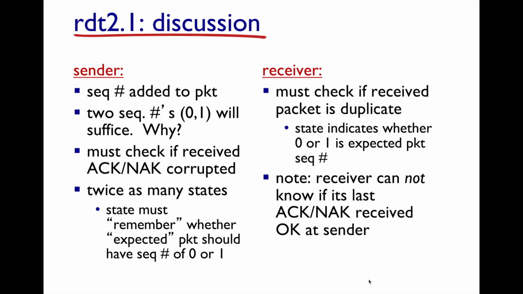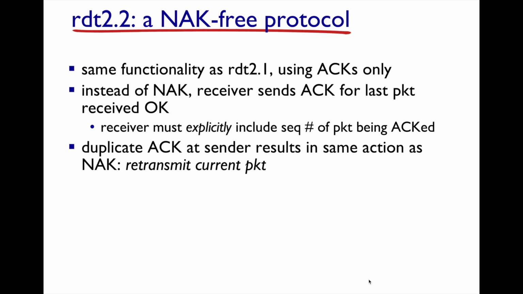The receiver can't really know if its last ACK or NACK was received at the sender. You send an ACK or NACK, and as the receiver giving that feedback, you have no idea if the sender got it. So we need to do something else, right? A little bit different from this. And that something else leads to something called RDT 2.2 in the book.